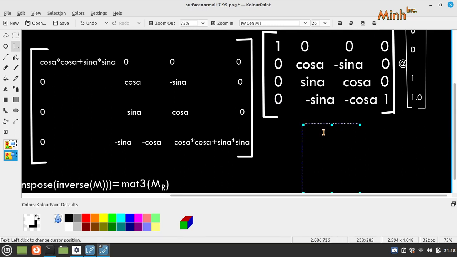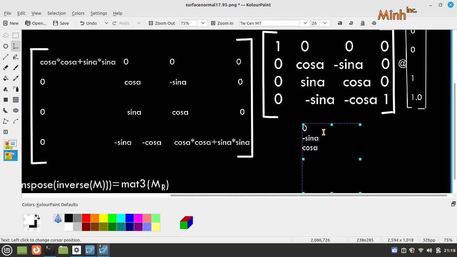Okay, so first row of the matrix and first column, if we multiply, then it will become 0. Next, if I multiply, then it will become minus sin A. Next, if we multiply, then it will become cos A. Okay, if I am right.